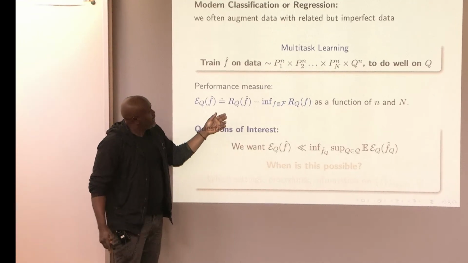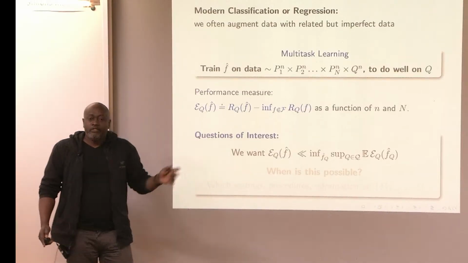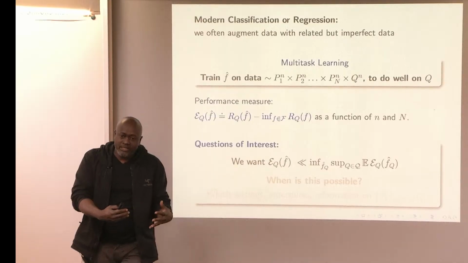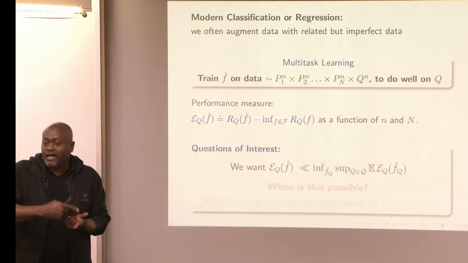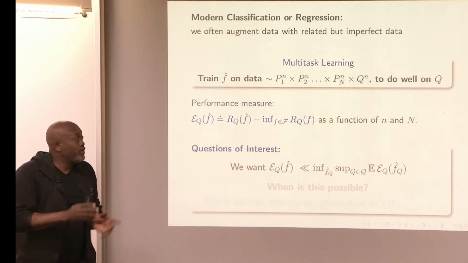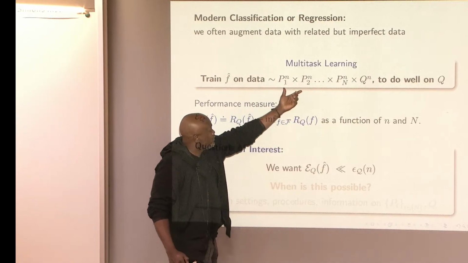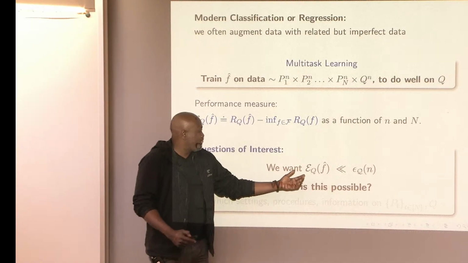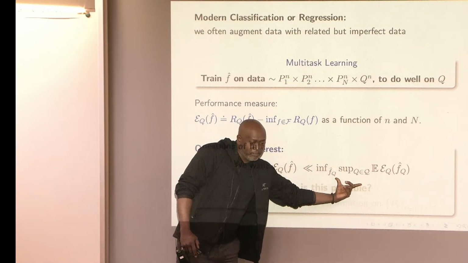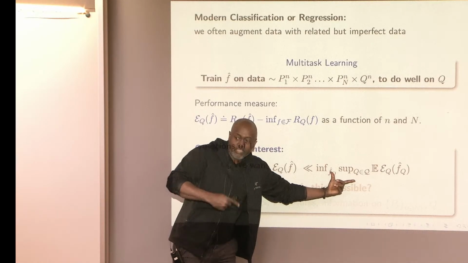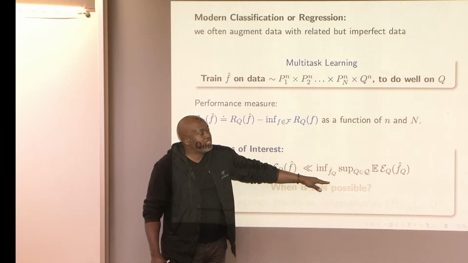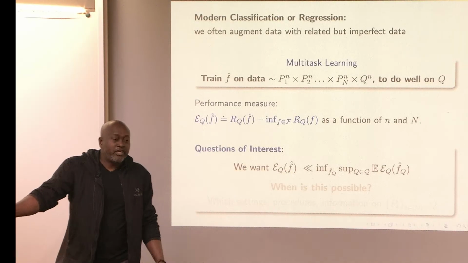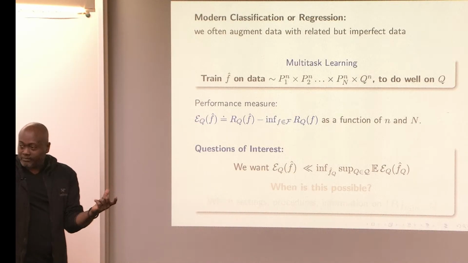And so there will be a couple of questions here, not just understanding these rates of convergence, but also understanding which algorithms are capable of achieving them without knowing a priori the relationship between the P's and the Q. Here, the baseline that I'm going to use every time will be the best possible rates of convergence that can be guaranteed under the target data alone.